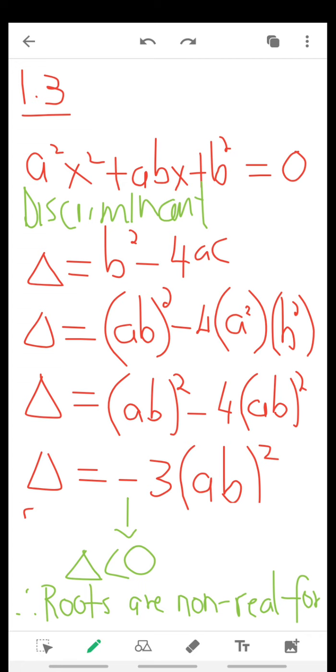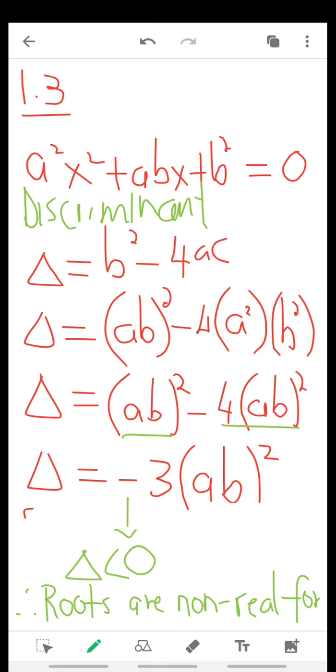We said our b is the ab, and our a is the a squared, and our c is the b squared. Then ab all squared is ab all squared, but minus 4a squared times b squared. Since they have the same exponent, we can group them and raise them to the same exponent. So it will be ab all squared.